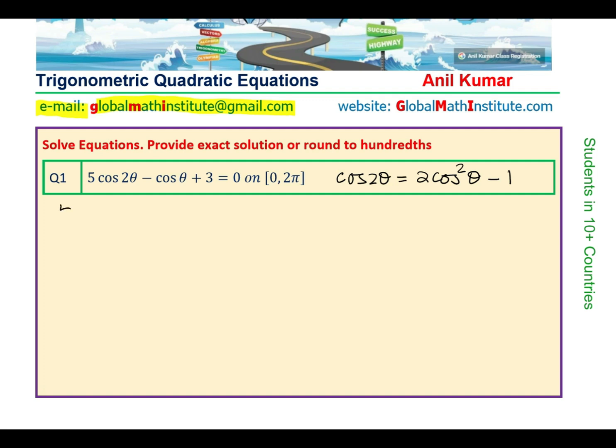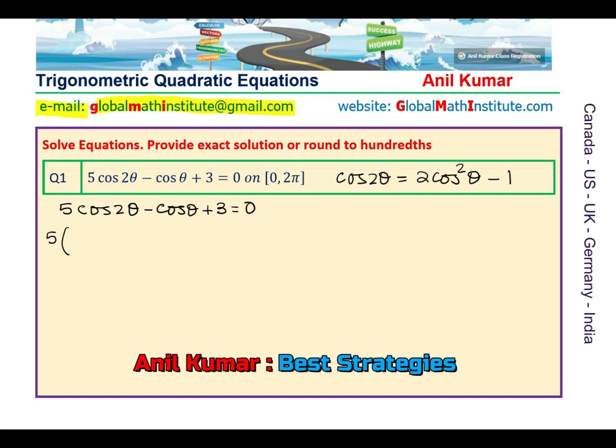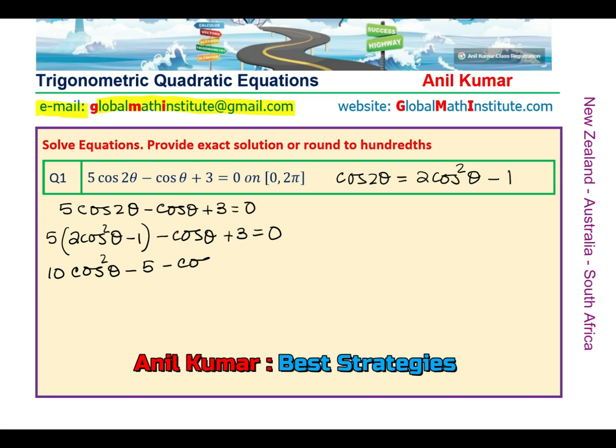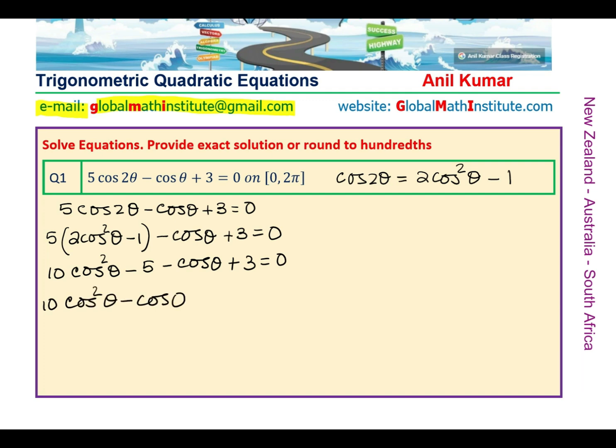So the equation now becomes 5 times (2 cos square theta minus 1) minus cos theta plus 3 equals 0. That is 10 cos square theta minus 5 minus cos theta plus 3 equals 0, or 10 cos square theta minus cos theta minus 2 equals 0.